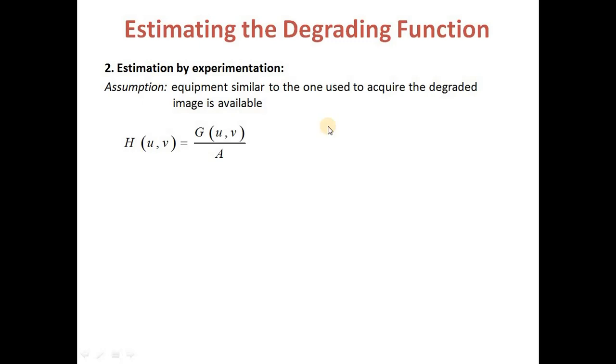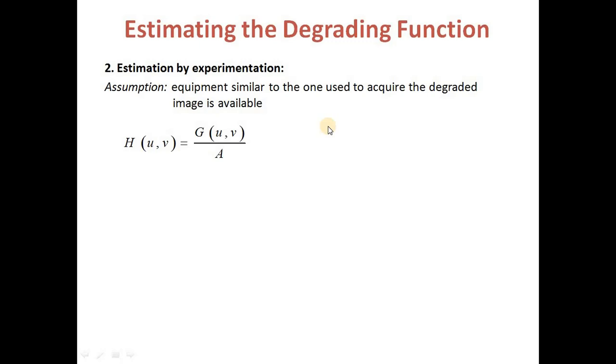How can you visualize a 2D impulse given to the equipment? You can visualize the 2D impulse as a small dot of light in a 2D image, a small bright spot of light to imitate a 2D impulse.